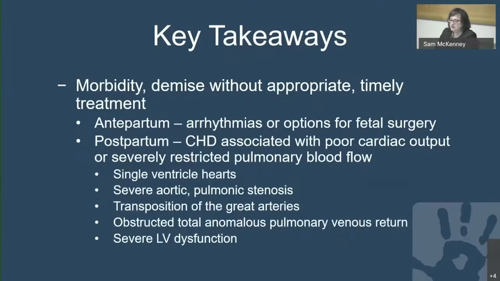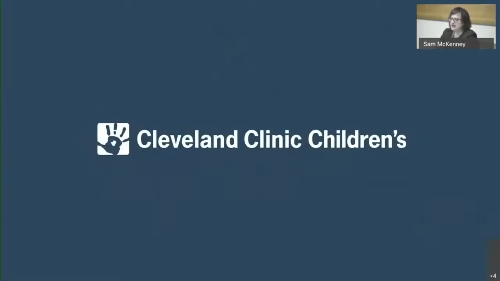That may include prenatal treatment in the case of arrhythmias, or those small number of cases where there's options for fetal surgery, or more likely coordinated postpartum care, congenital heart disease that's associated with poor cardiac output or severely restricted pulmonary blood flow, including the list of problems that we've outlined. And those should obviously be delivered at a surgical center so that the process of care of those infants can begin right from the time of birth.